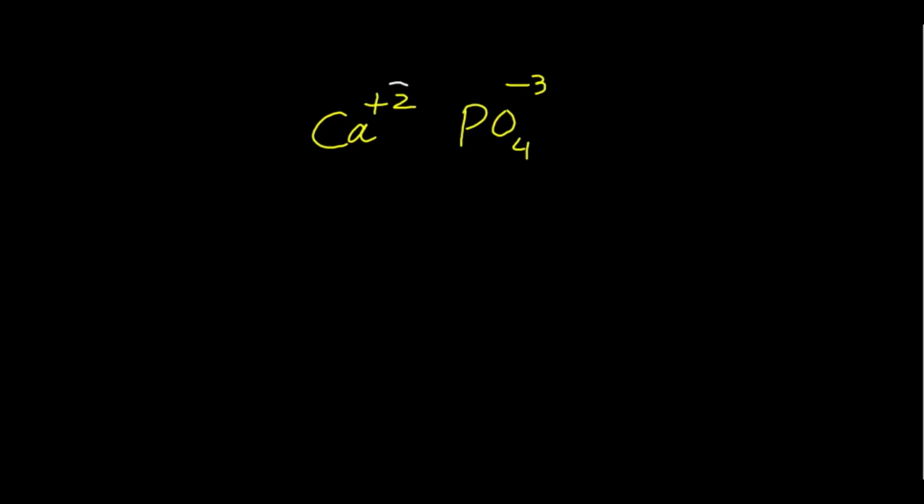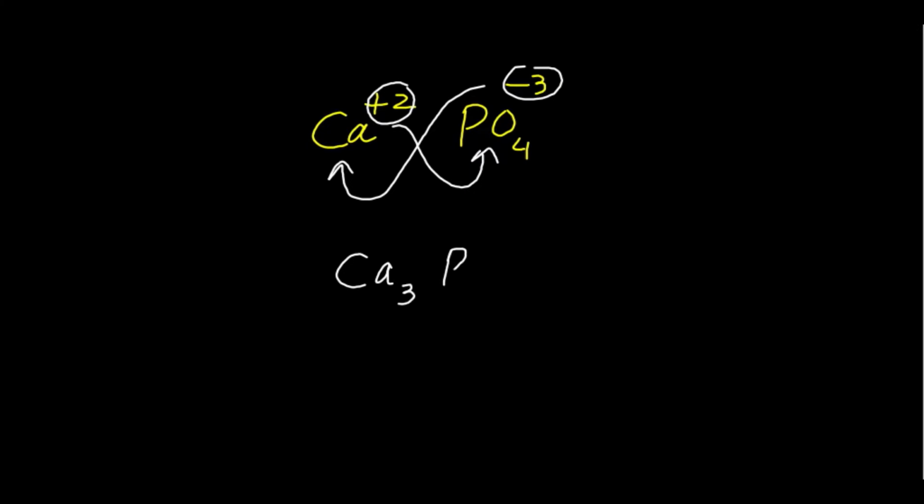Now, while writing the formula of calcium phosphate, these charges or valencies of the ions will be crossed. Minus 3 will be written here while plus 2 will be written here. So the formula of calcium phosphate becomes Ca3(PO4)2. This is the formula for calcium phosphate.